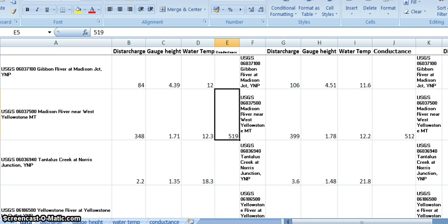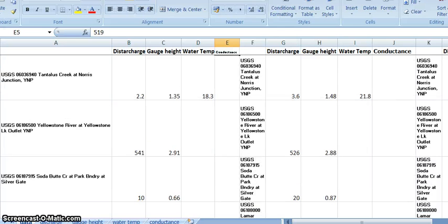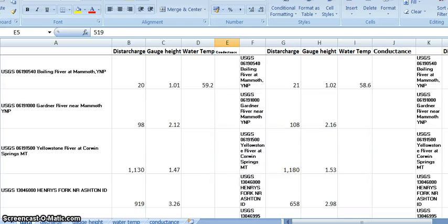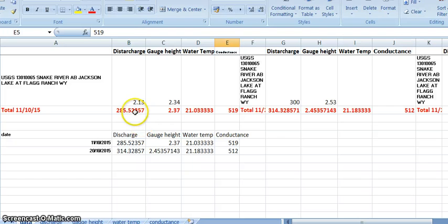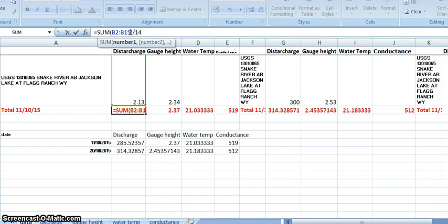This is an introduction video, so it's going to be longer than what it usually would be, because I'm explaining all the different things to you. What I've done is I've taken readings from all of the devices, and then at the bottom here I've added them all up and divided them by the number of readings or devices.